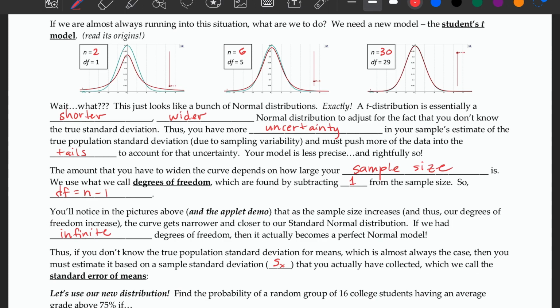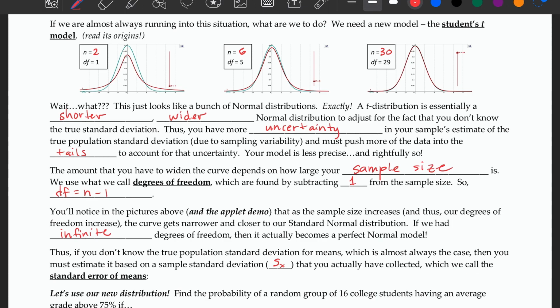And because we're using the sample's standard deviation and not the population's, we have a small language change here.